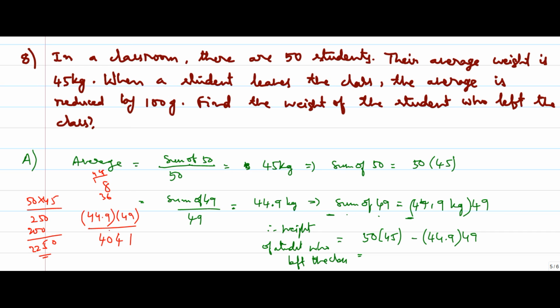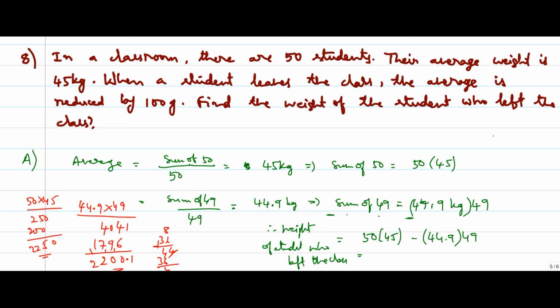Next 4 9s are 36, 4 4s are 16, and so on. The result is 2200.1, and the decimal point is only 1, so this will be the correct thing.